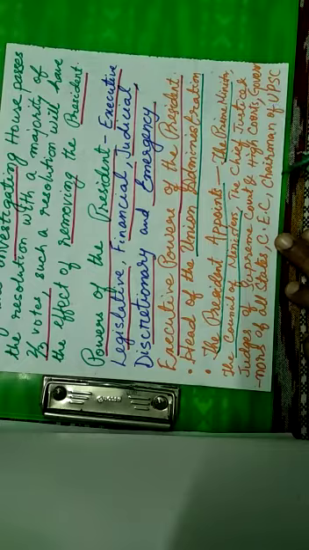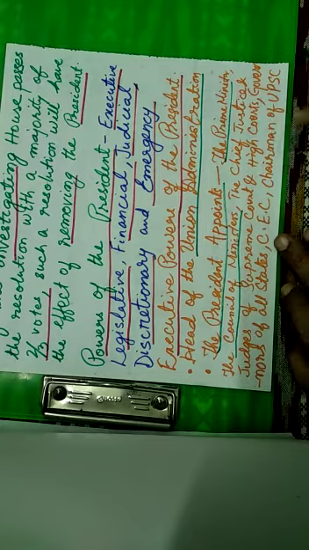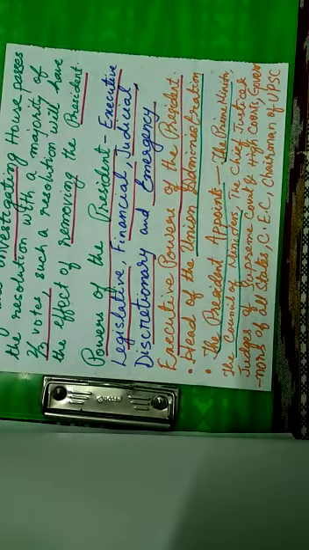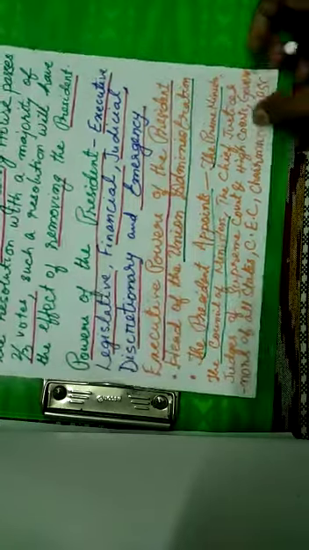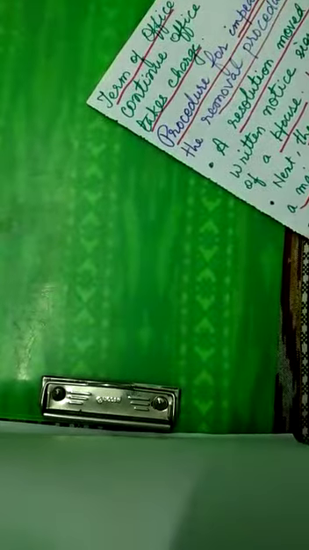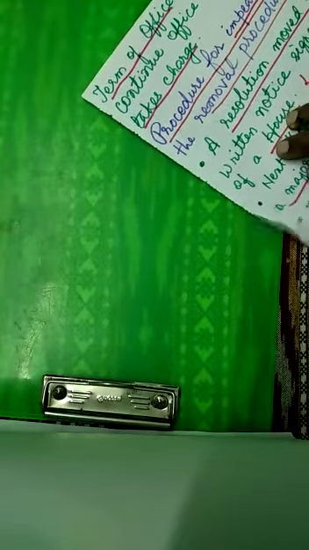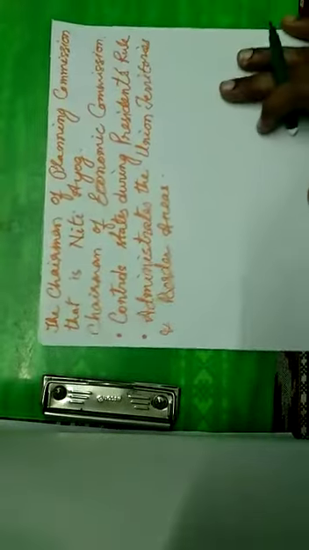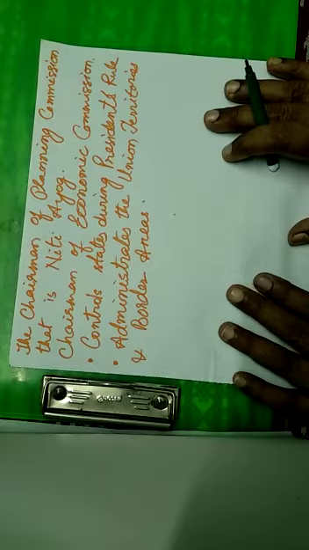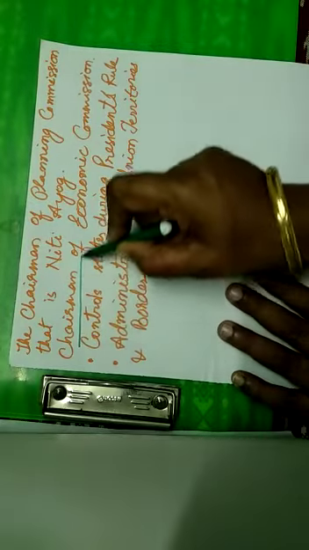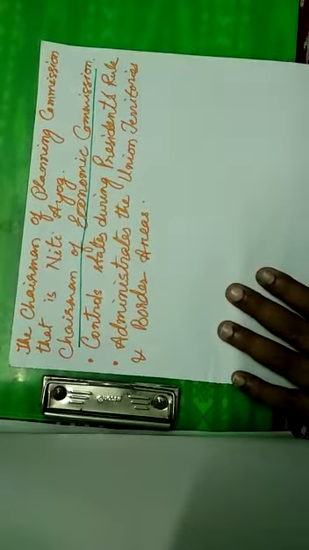The governors of all states are also appointed by the president. The chairman of UPSC is also appointed by the president. The chairman of Niti Aayog is also appointed by the president. The president appoints the chairman of the Economic Commission of the country.